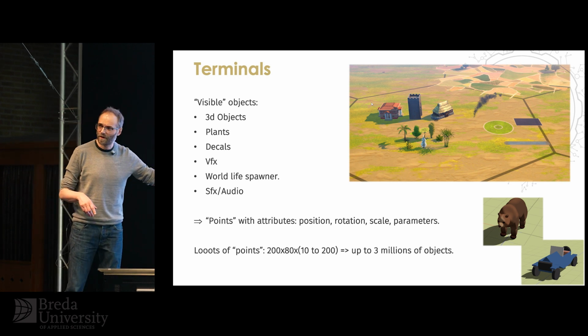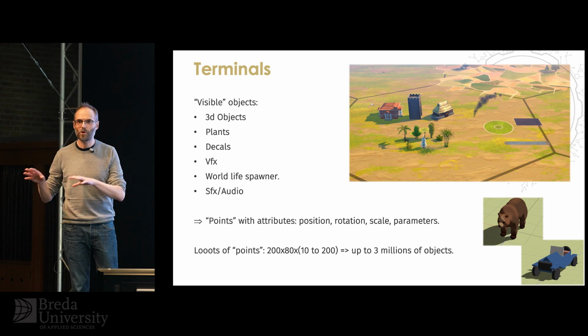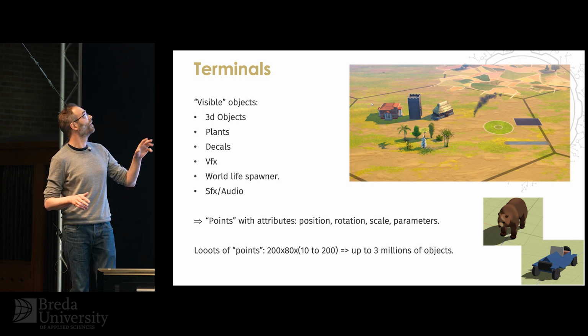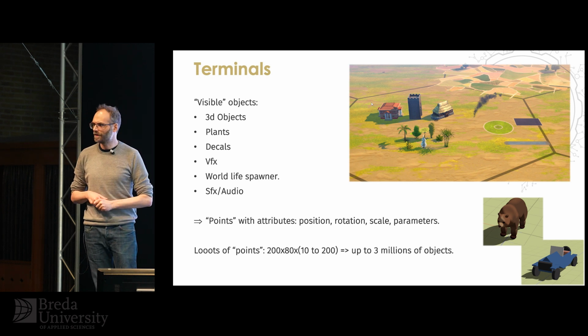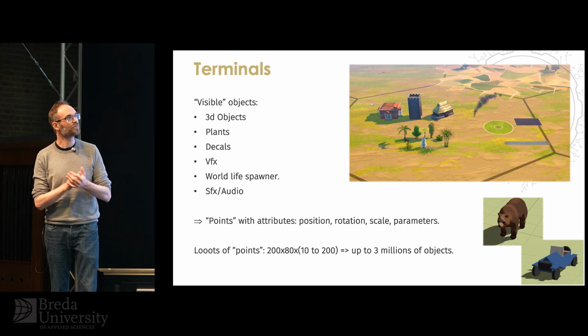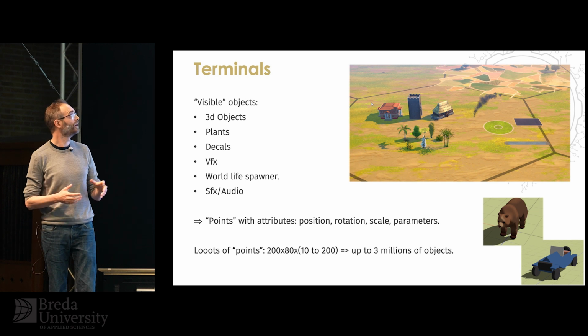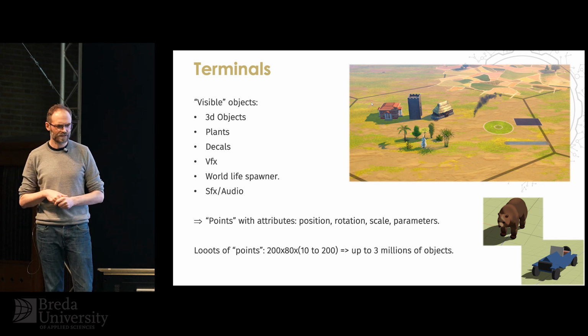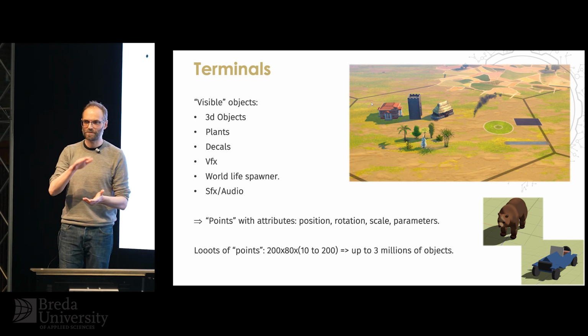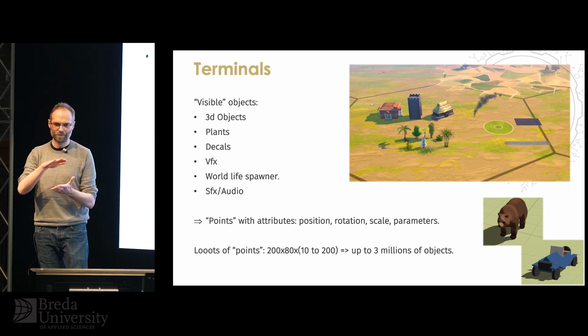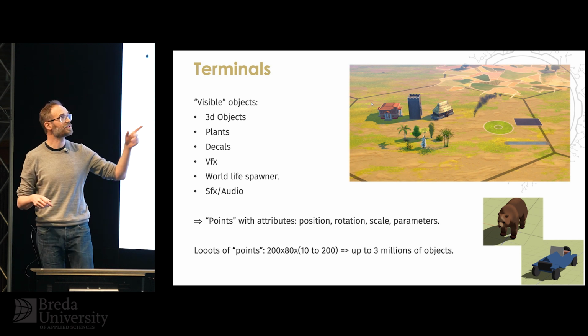There are plants, which are not rendered the same way as 3D objects because of their very high frequency issues when you try to draw plants, so it's an imposter system. There are also decals, which are objects stuck on the ground.